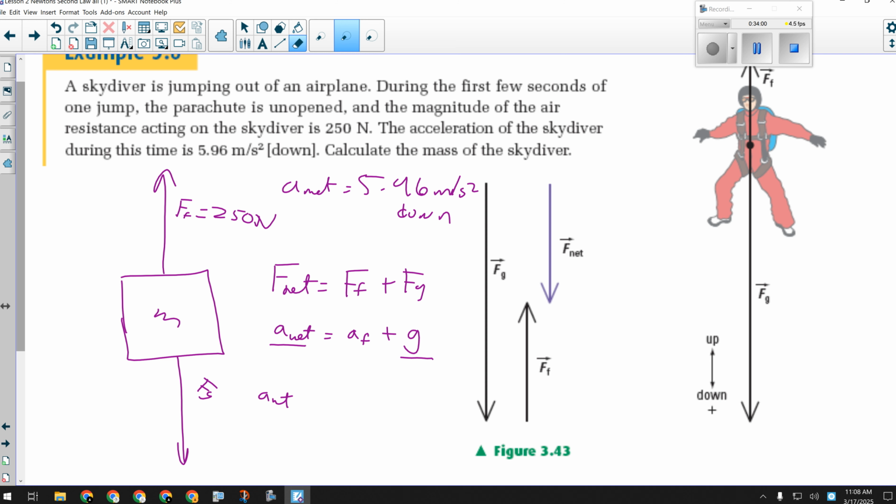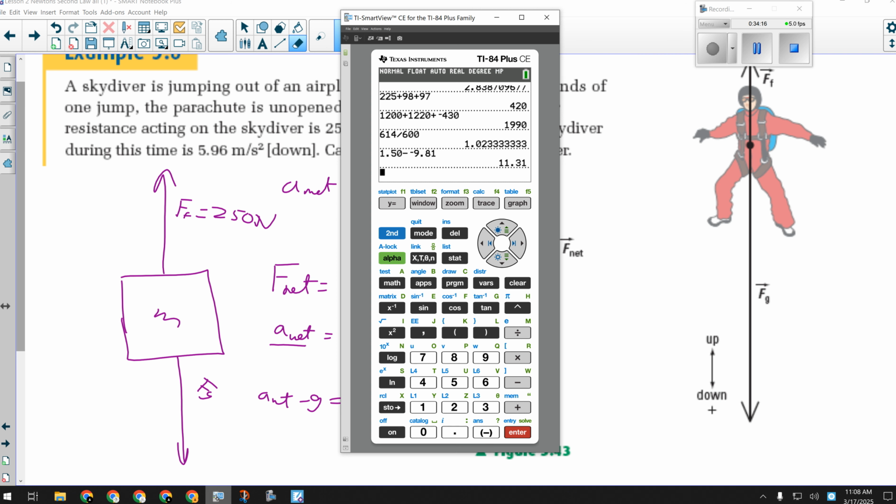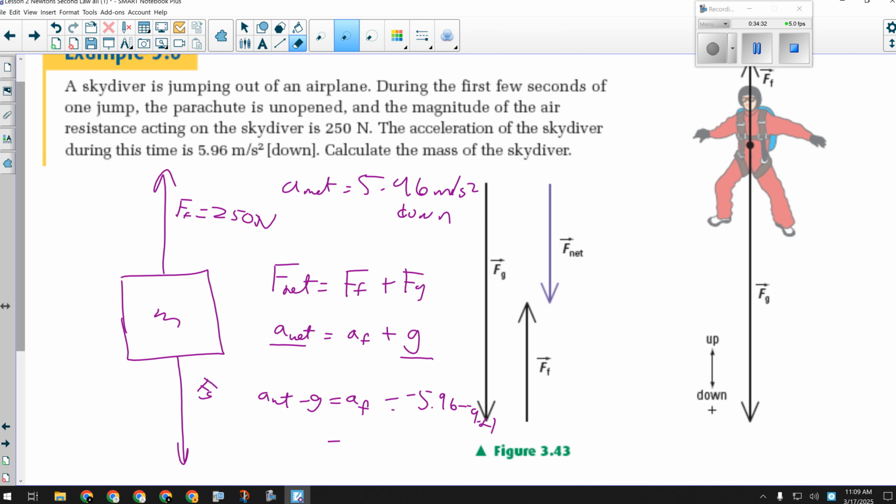The net acceleration minus the acceleration due to gravity will give me the acceleration due to friction. That'll be negative 5.96 minus negative 9.81. So the air resistance, or the force of friction, could produce, in isolation, an acceleration of 3.85 meters per second squared up.